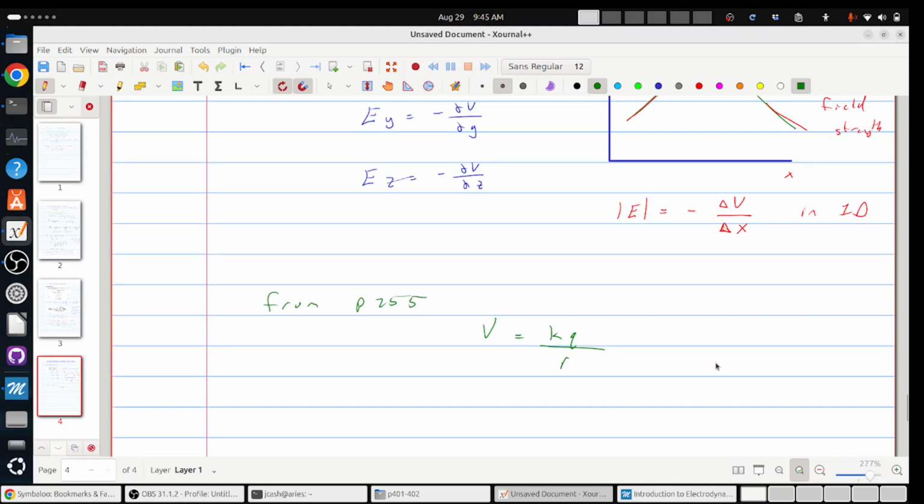And it's not a vector. Q is our point charge. R is your distance to the point charge.